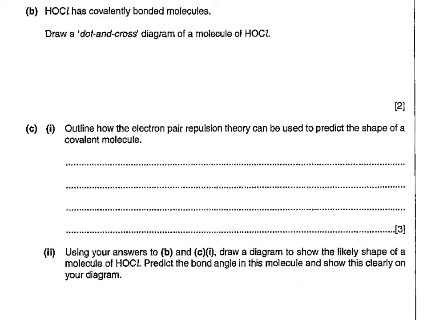So this example asks you to draw a dot and cross diagram of a molecule of HOCl. It's a new molecule we haven't talked about in this clip, which is why I've chosen this question in particular. So the first thing I do is I draw my 3 atoms and I do my overlaps to show that this is where I'm going to put my bonding pairs in.